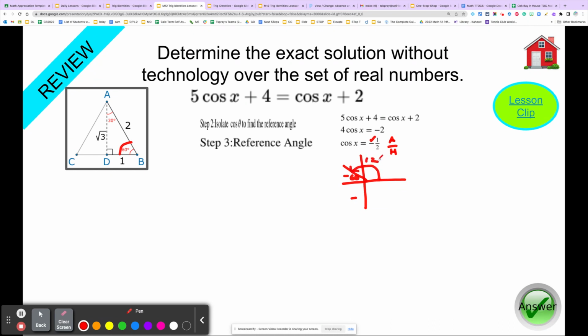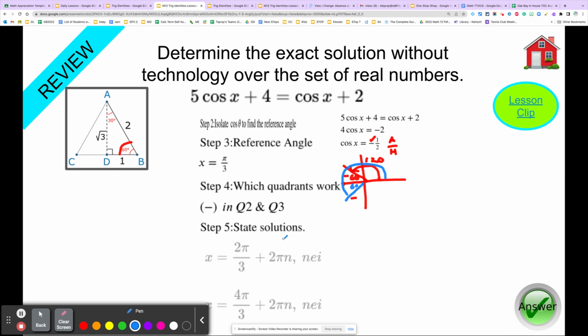So one of the angles is going to be 120. The other angle is going to be in this quadrant right here, and its reference angle will be 60. So that would be 180 plus 60 for 240. So that's how we came up with this. So we knew it was in quadrant 2 and quadrant 3, and we'd state the solution.